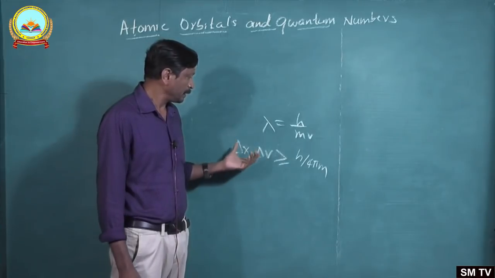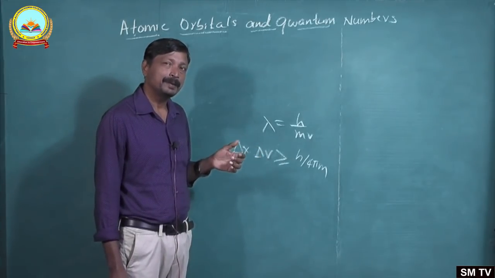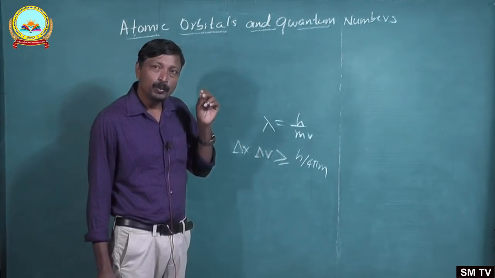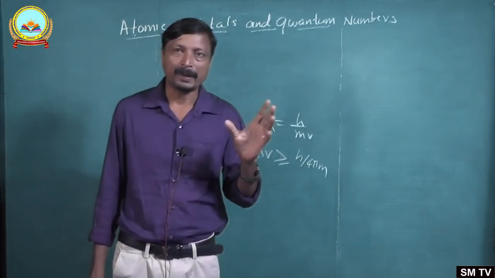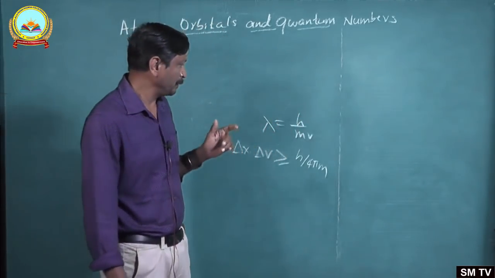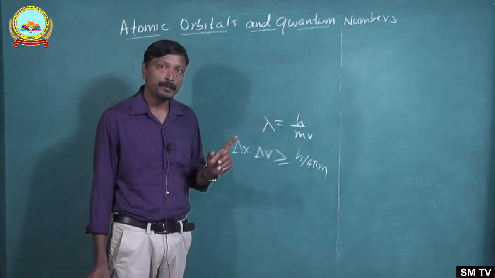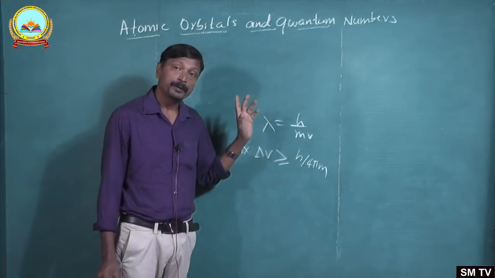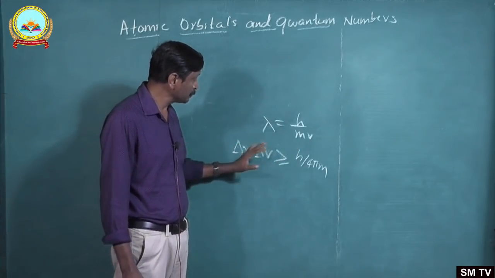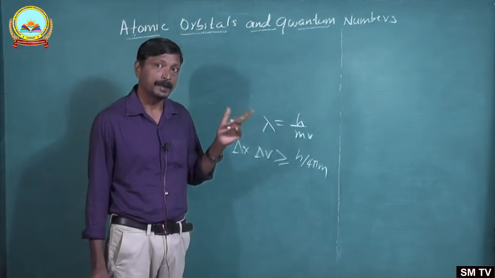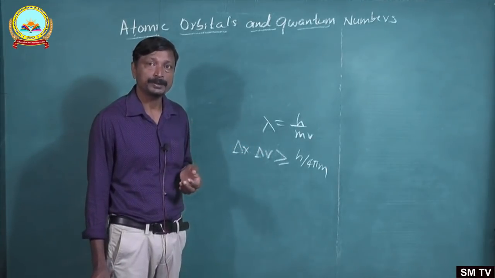This uncertainty principle is applicable only to microscopic particles. If you want to determine the exact position and exact momentum of an electron, the uncertainty product is considerable. Yesterday I showed that using a calculation.